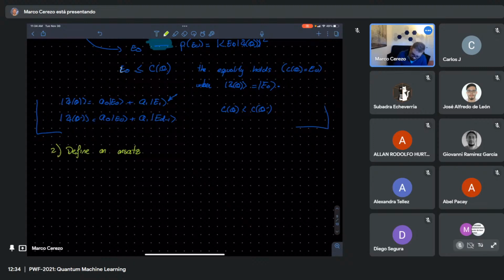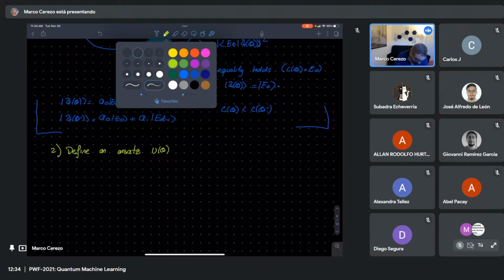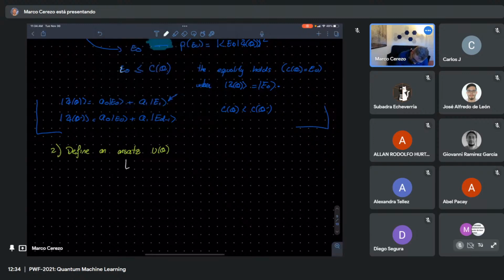Amira used this word, which is U of theta. So ansatz, just to give you the proper meaning, ansatz is an assumption about the form.